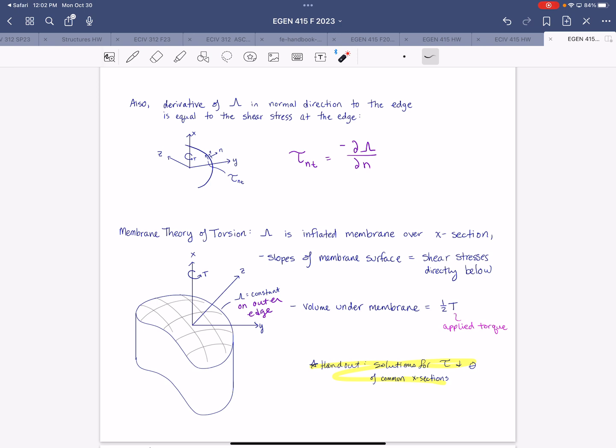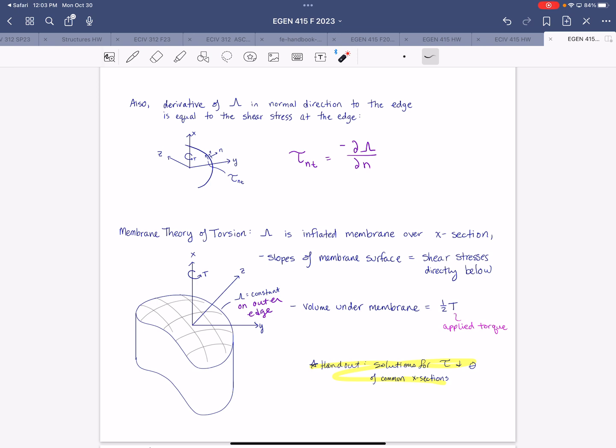But if you look at the membrane and how it would be inflated, even though we set the value equal to 0 on the outer edge, that's where the slope would be the greatest, right? The slope would be the greatest at the outer edge, and then it would decrease to the top.